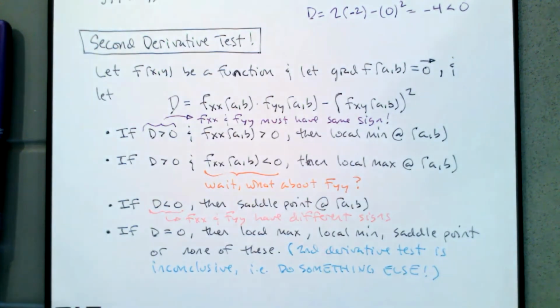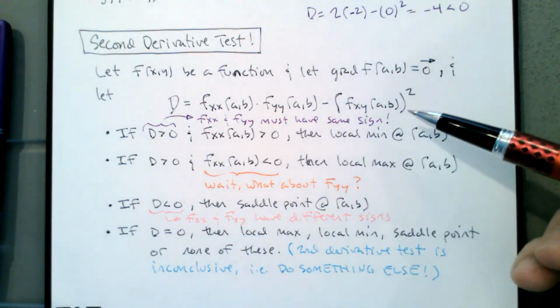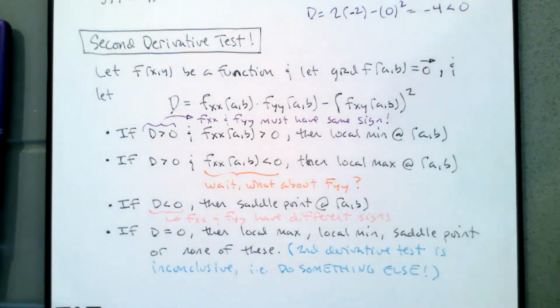In single variable calculus, we solve f prime of x equals 0, and then look at the sign of f double prime for the concavity. Here we're doing the same thing, solving f prime equals 0, and then looking at the sign of the second derivative.